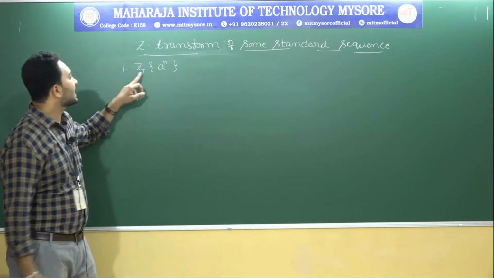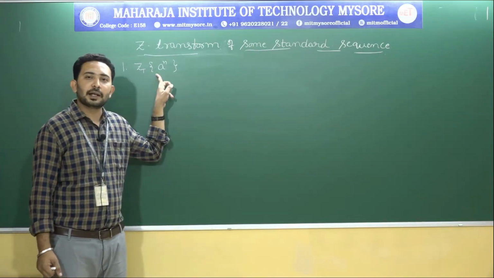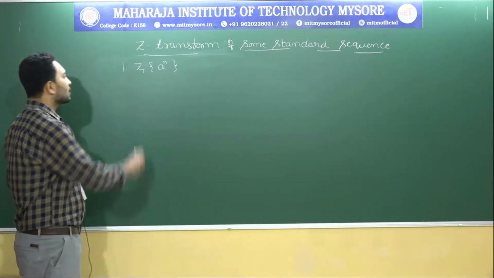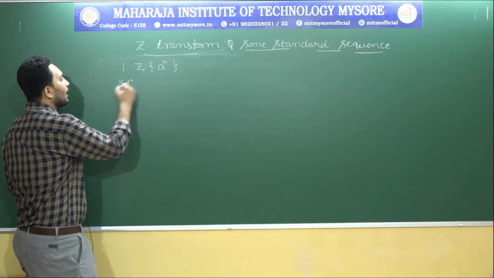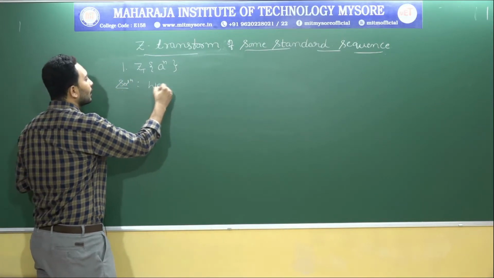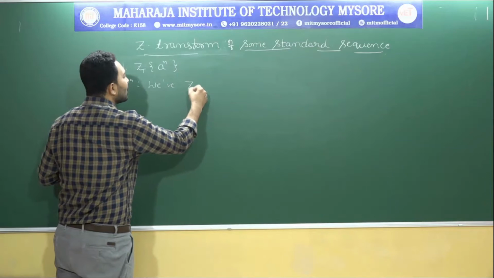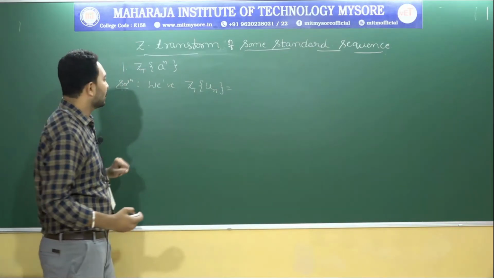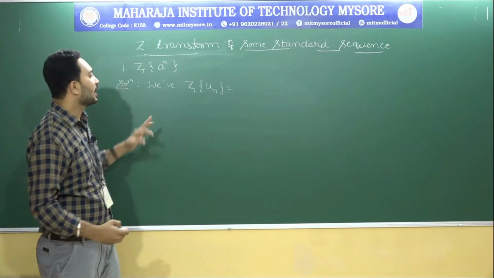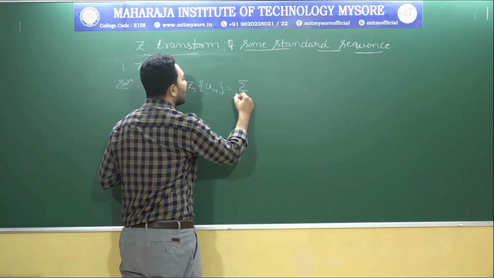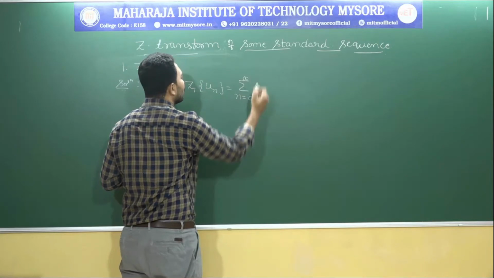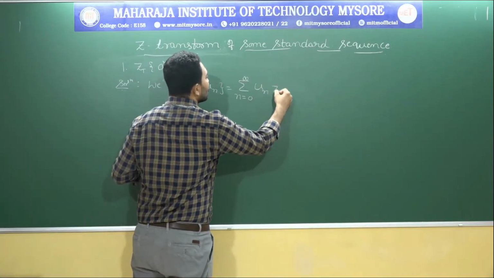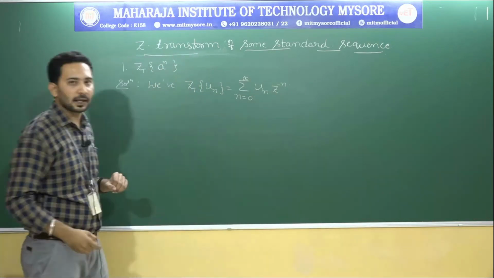Okay, let's start with the Z transform of some standard sequences. The first one is the Z transform of a power n. To solve this, we have Z transformation of u_n. So what is the definition of Z transformation? It is summation n equals 0 to infinity u_n into z power minus n.